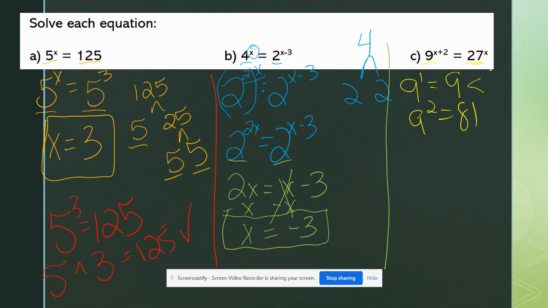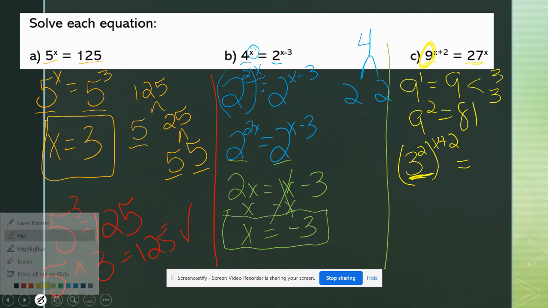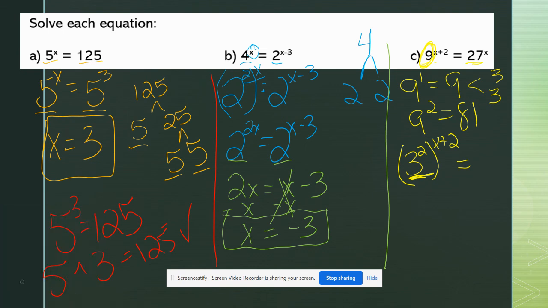Well, I know that 9 is 3 times 3, or 3 squared. So I change this 9 into 3 squared. We still have that x plus 2 on the outside. So then can I change 27 into something with 3?